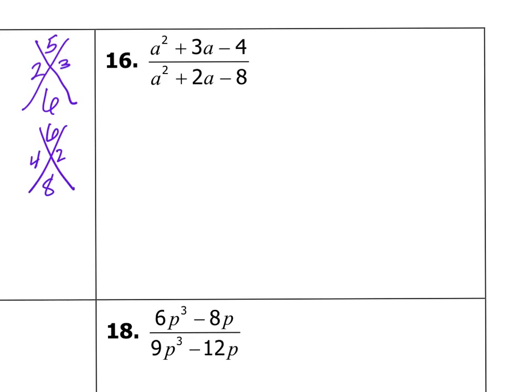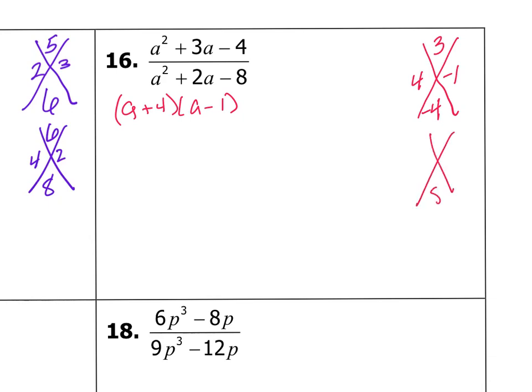So here we go again. Again, I'm going to factor the top and the bottom. Give me two numbers that multiply to be -4 and add to be 3. So we've got 4 and -1. So a plus 4 times a minus 1. And for the bottom, I need two numbers that multiply to be -8 and add to be 2.